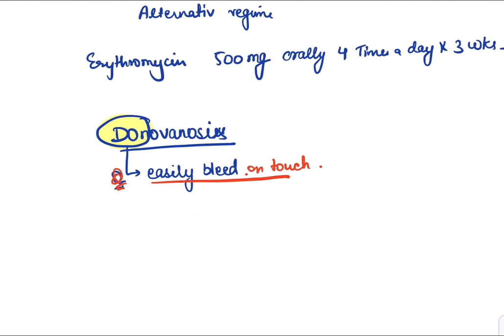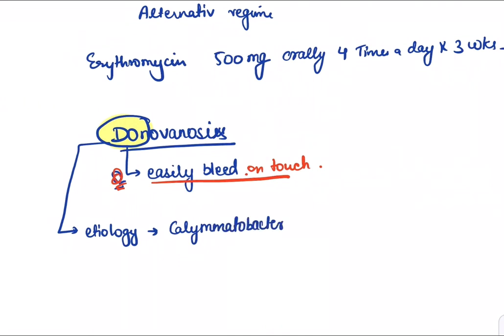Now, for donovanosis, first we have to remember the etiology. It is caused by Calymmatobacterium granulomatis, or another name, Klebsiella granulomatis.